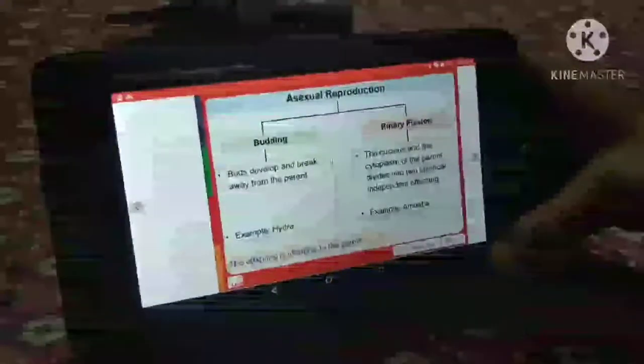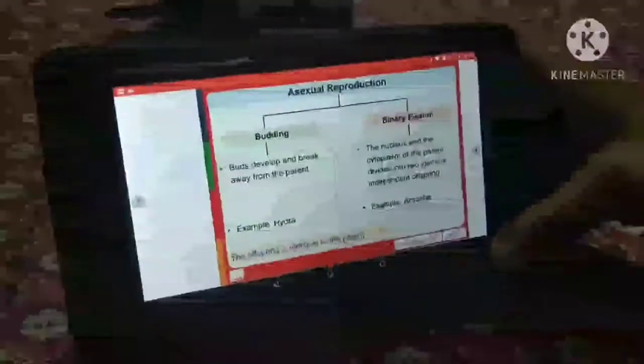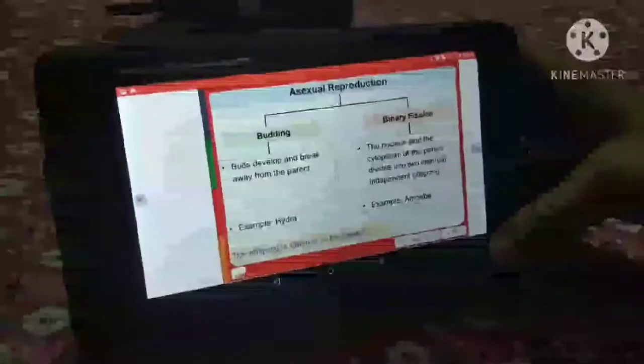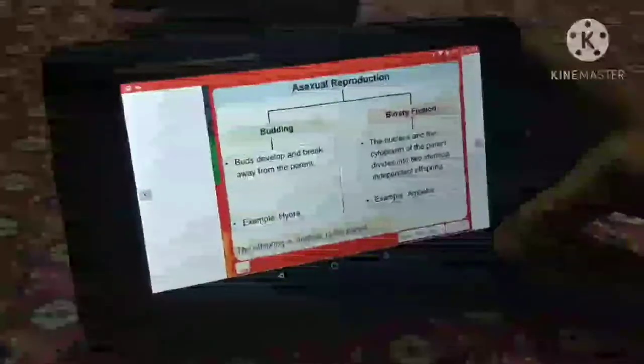Examples of asexual reproduction are budding and binary fission. In budding, buds develop and break away from the parent. Example is Hydra. Binary fission, the nucleus and the cytoplasm of the parent divides into two identical independent offsprings.